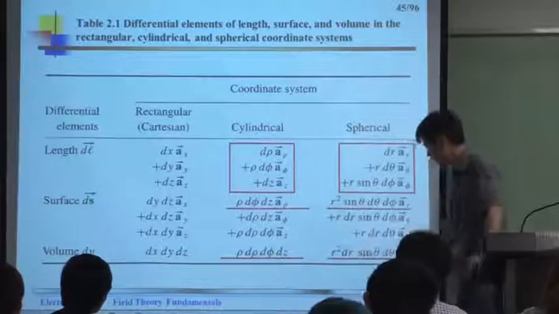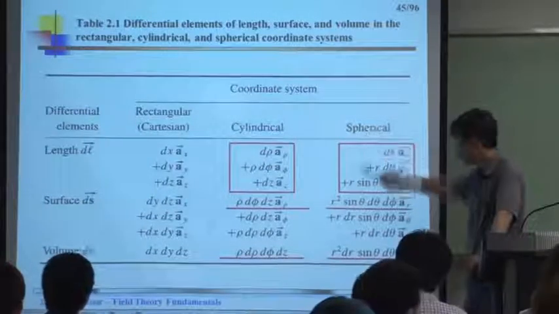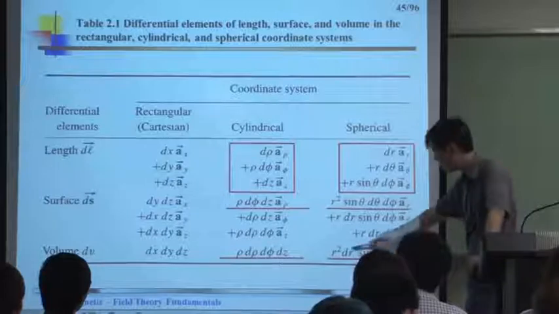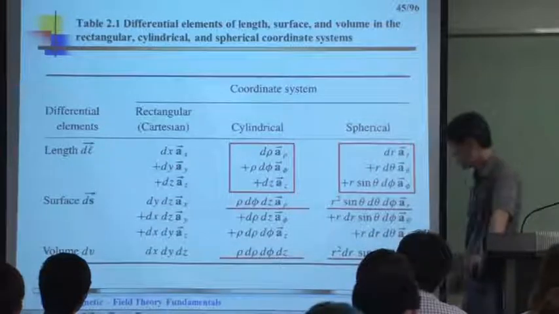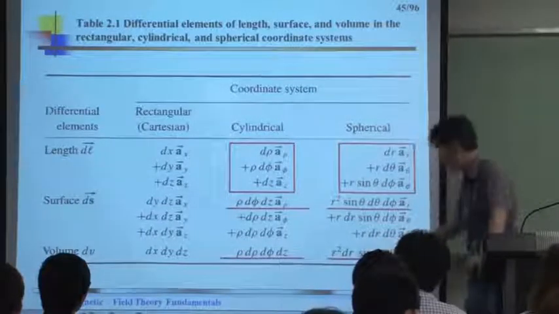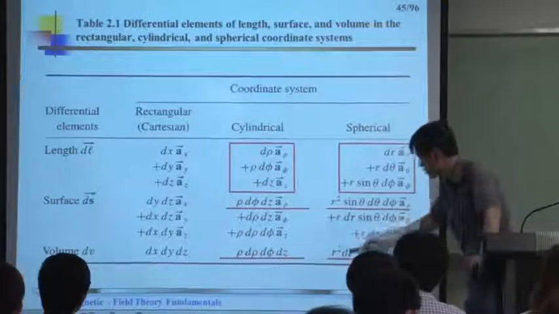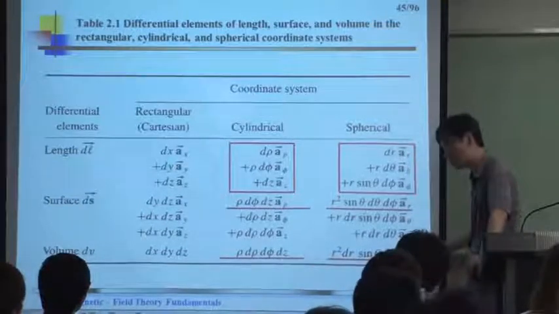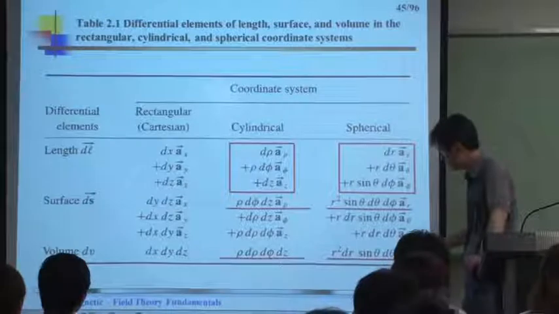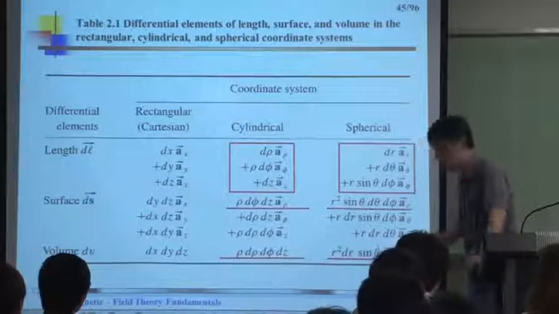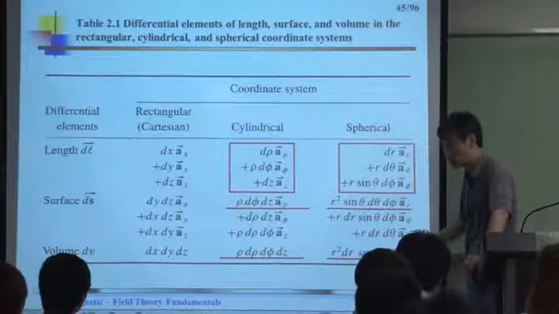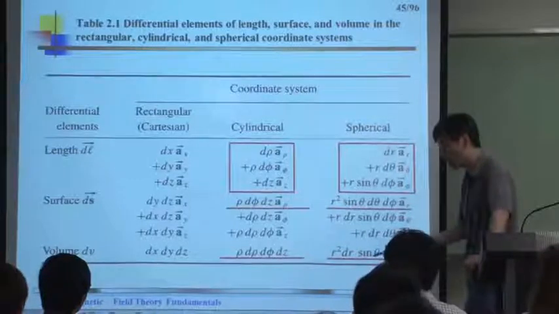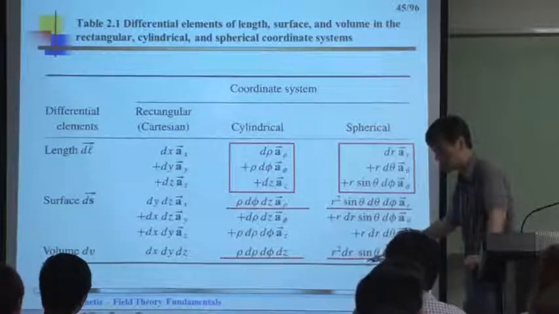So r square, because it is the volume element, the r square and the dr, so we'll make the three-dimensional volume, and the other component is only the angle, and the sine theta must be multiplied, considering the north and south reduced length scale.